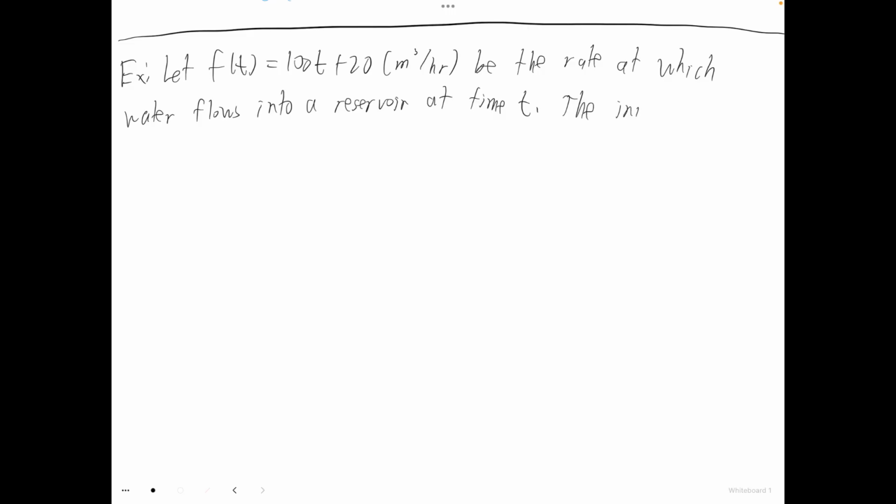The initial amount of water in the reservoir at time t equals 0 is 2,000 meters cubed.